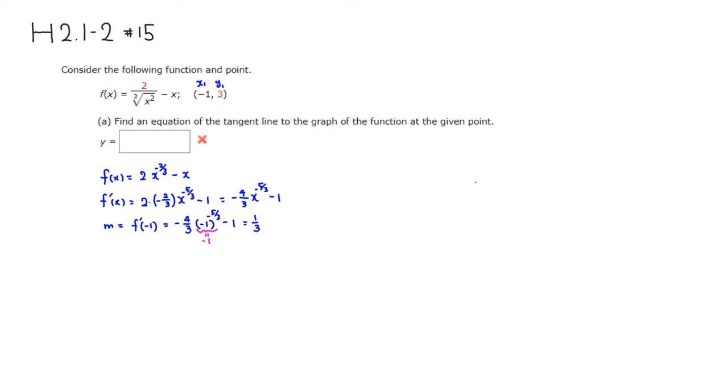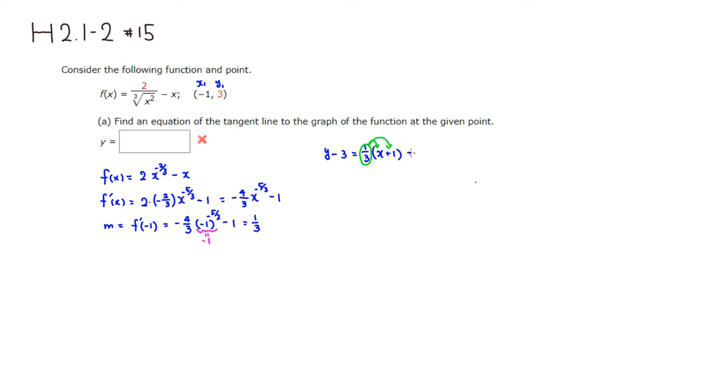Now we have a slope, so we can find the equation. Point-slope form says y minus y1, which is 3, is equal to the slope, 1/3, times quantity x minus x1. x1 is negative 1, so minus negative 1 is plus 1. I'm going to go ahead and distribute the 1/3 to x and 1.